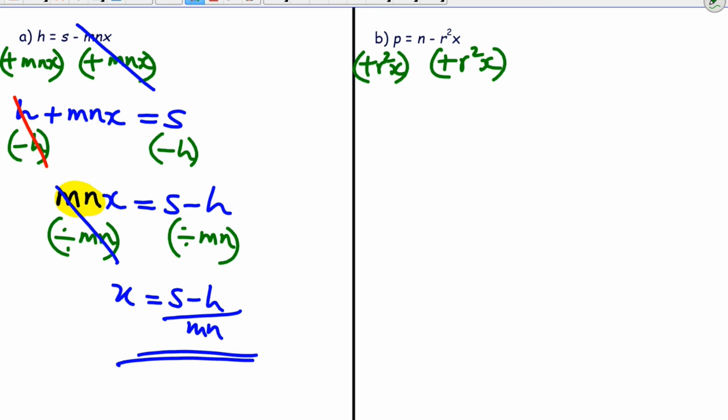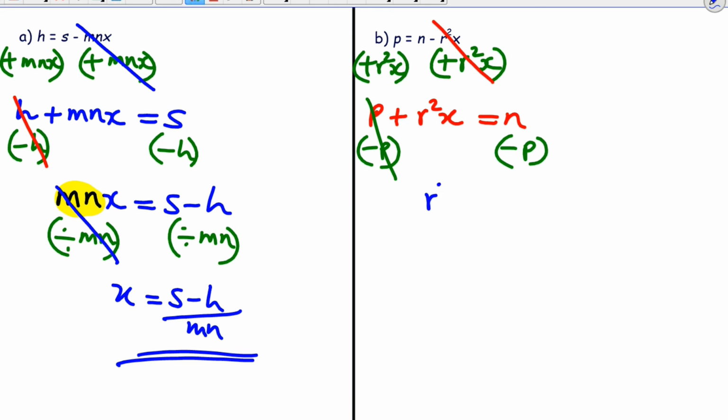And what you shall end up with is p plus r squared x is equal to n, because negative r squared x plus r squared x is 0, just like negative 2 plus 2 is 0. Okay, then the next step will be subtracting p from each side. So p minus p is 0. So we shall be left with r squared x is equal to n minus p.